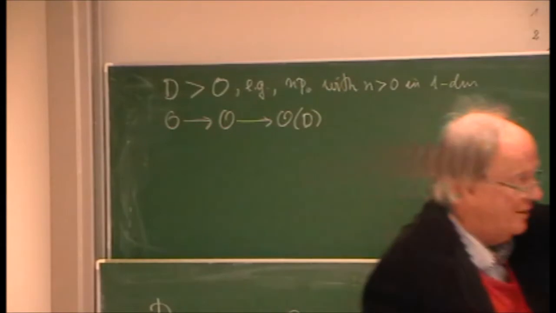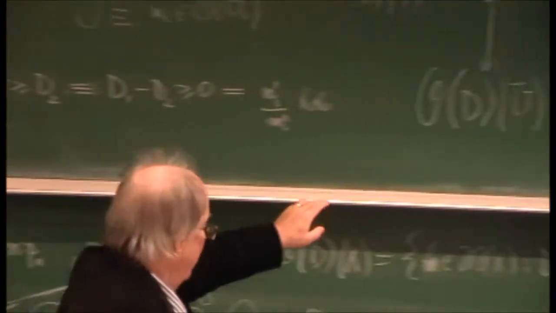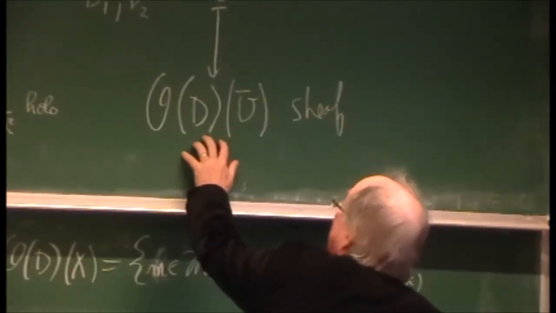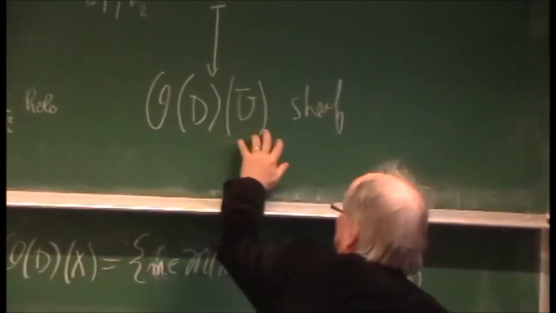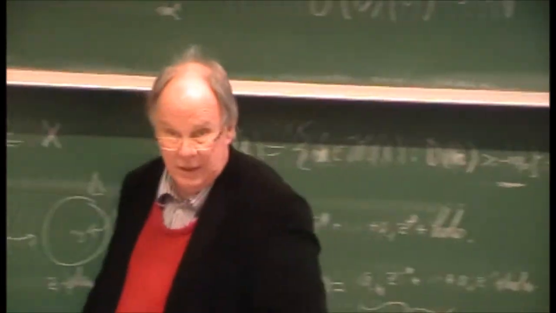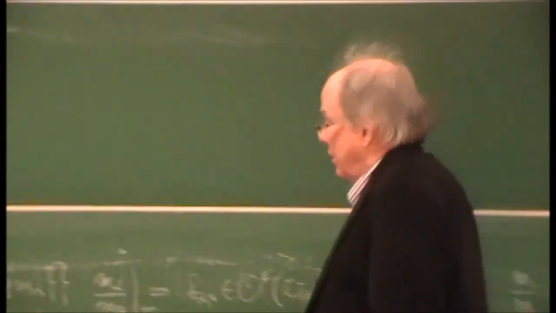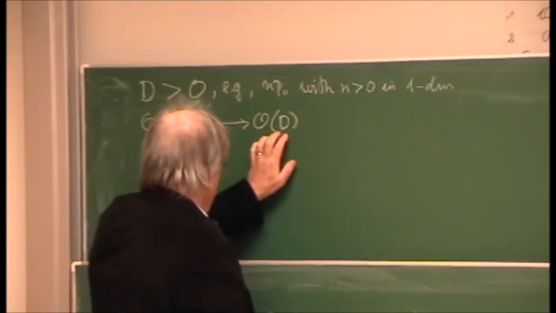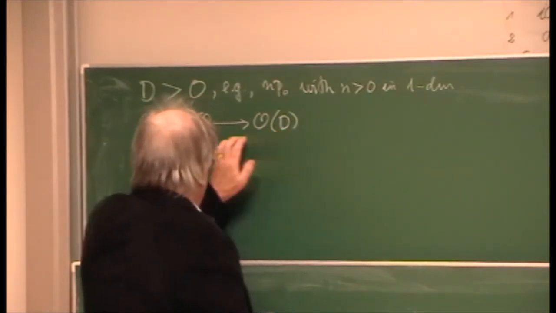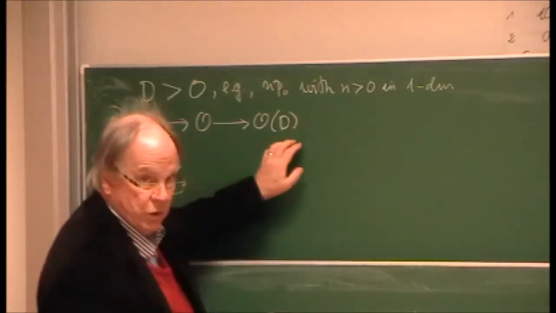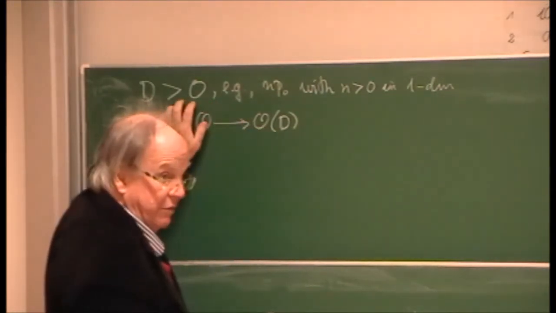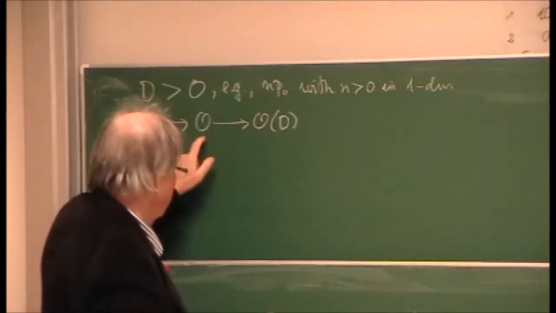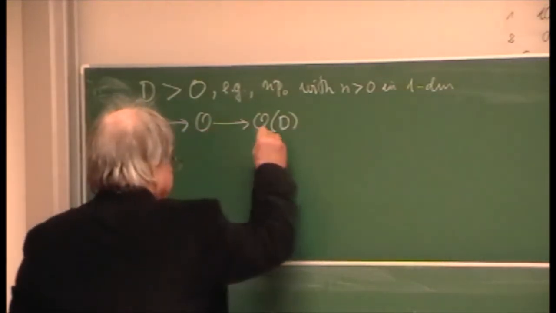On every open set, this is the space of meromorphic functions which on that open set have divisors no worse than minus D. Well, a holomorphic function is certainly no worse than that because D is positive. That means these things only have poles, so holomorphic is okay. This is the sheaf map.